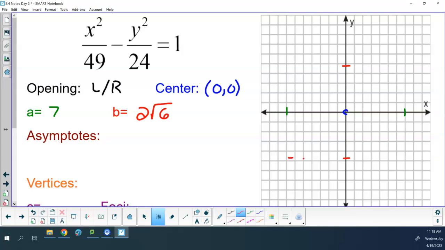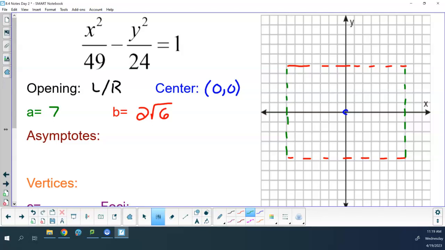That allows us to now draw in said box. Box is drawn.